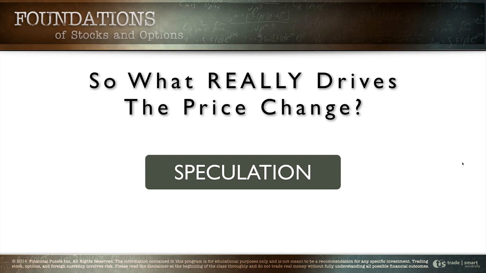The point is that it's a speculative assumption, and it is equally speculative to assume that because the price of gasoline has come down, airlines will be more profitable. It is also short-sighted to assume that because the price of gasoline has come down, people are going to have more money to spend.